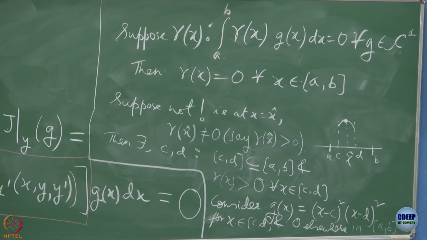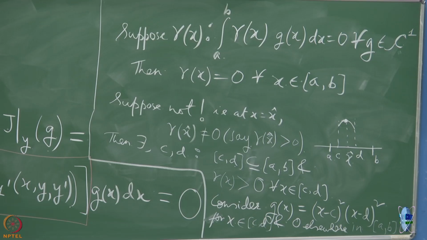Can you check whether this is continuously differentiable? It would be, right? If you differentiate this once, because it has repeated roots, the derivatives will also vanish. There are repeated roots, so the first derivative also vanishes at c and d.